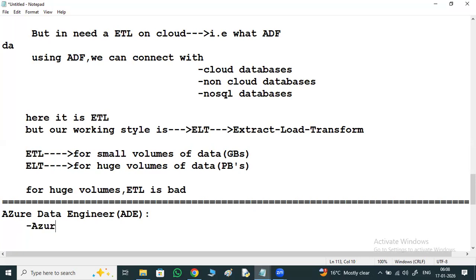The main thing here in Azure Data Engineer is Azure Data Factory, ADF, for ETL.